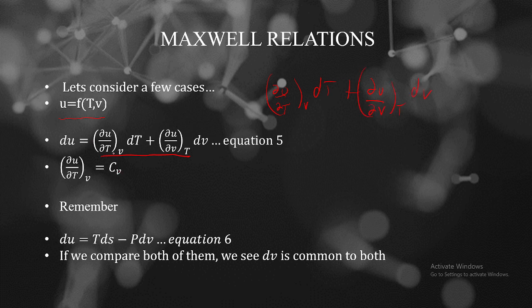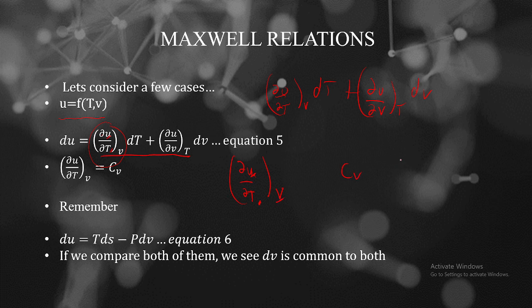Realize that the first expression is the same as Cv, because you're looking at a heat capacity. You're looking at how our internal energy is going to change with temperature at constant volume. That's where we are getting the Cv from.